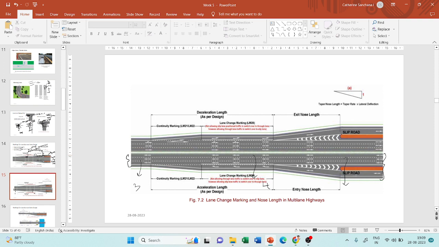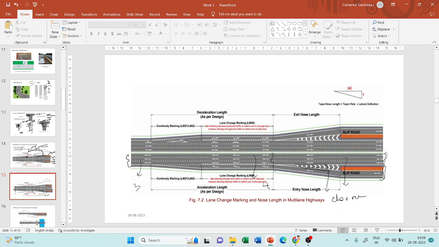In order to make the transition from this width to a decreased width, they have used this marking, which is a chevron marking as per this figure, right? Because it has arrow-like markings in between the borders. So this is the border.